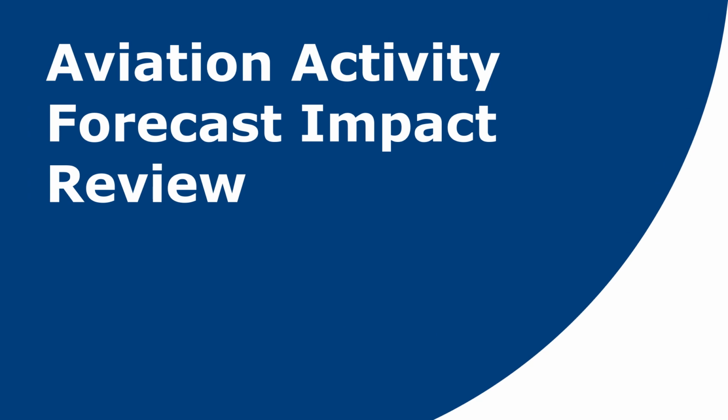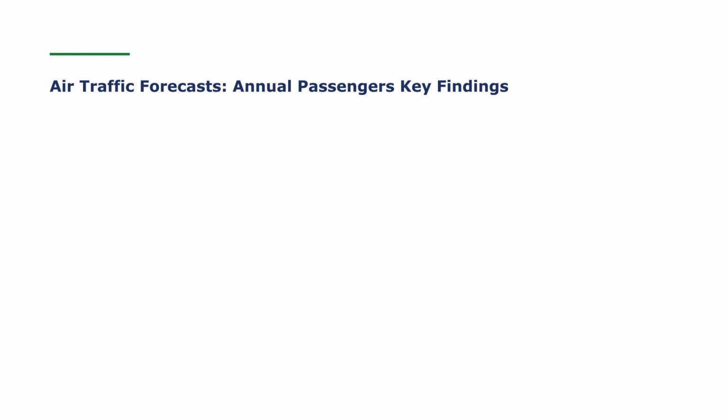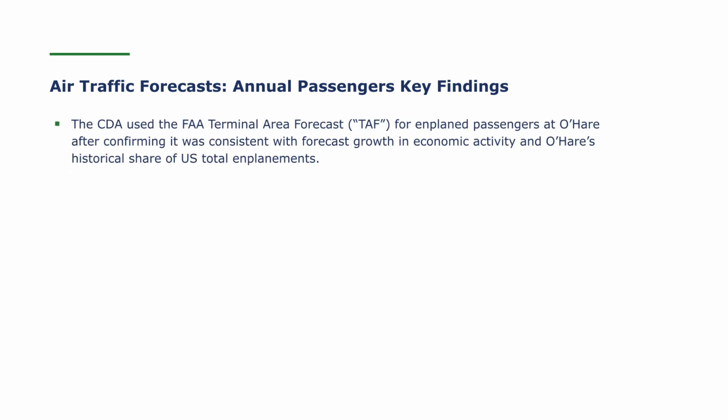Aviation activity forecasts are integral elements of the EA evaluation process and form the basis upon which several key environmental resources are established. The Chicago Department of Aviation submitted its forecast for enplanements and operations to the FAA prior to beginning the analyses of potential impacts.